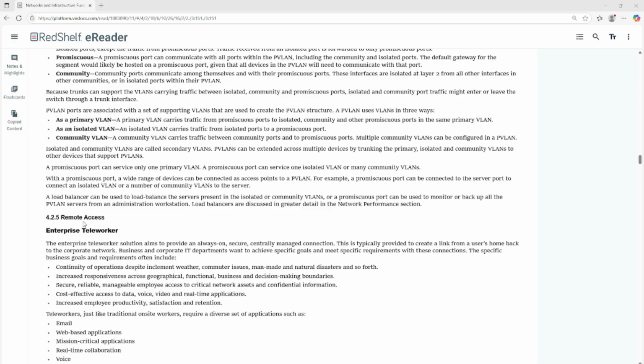Then we had another group of teleworkers, which defined most of our business models today. So you might want to read this and have a better understanding about enterprise teleworkers.